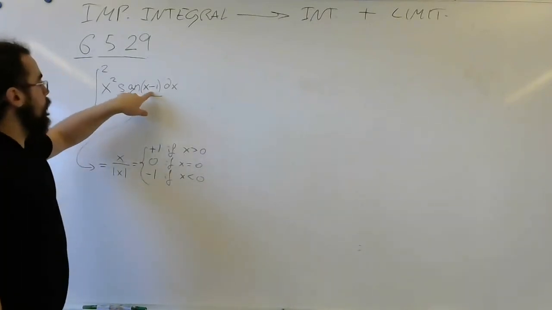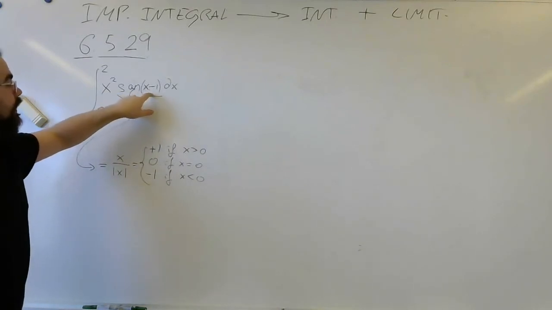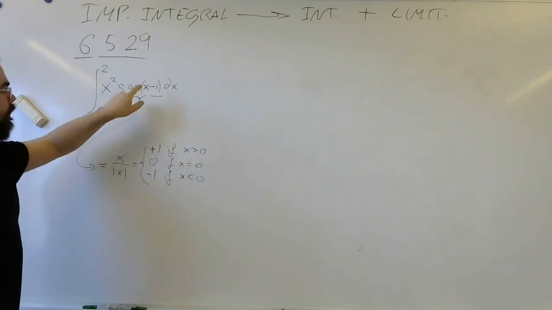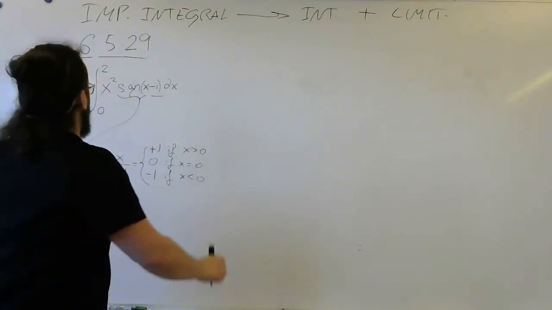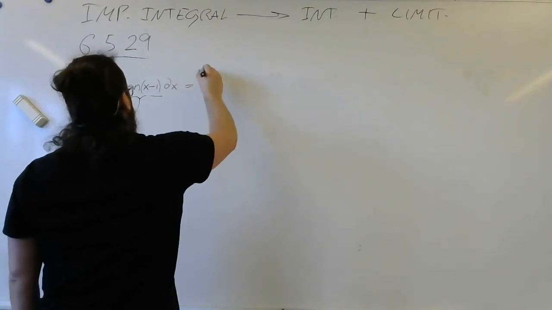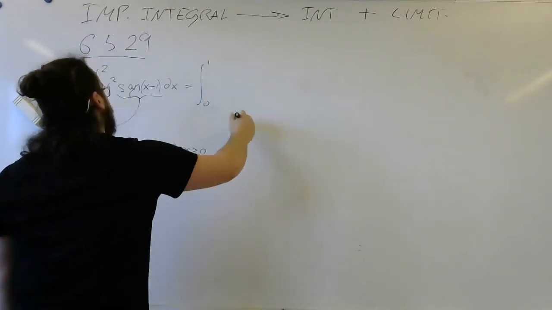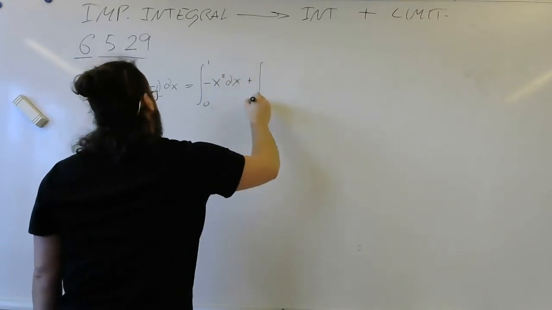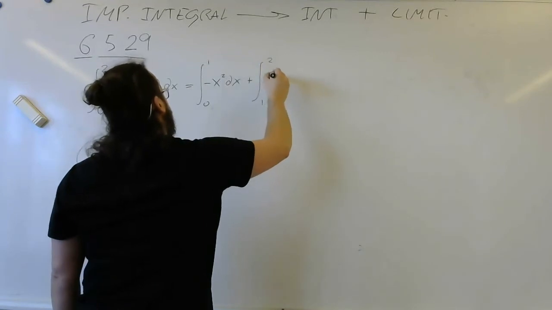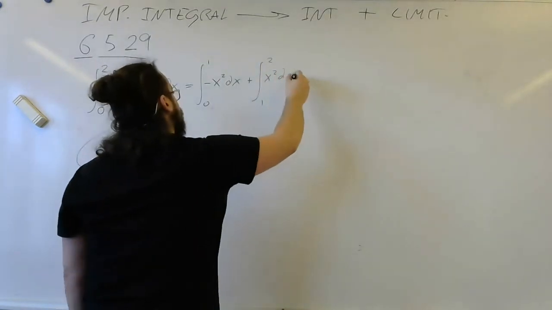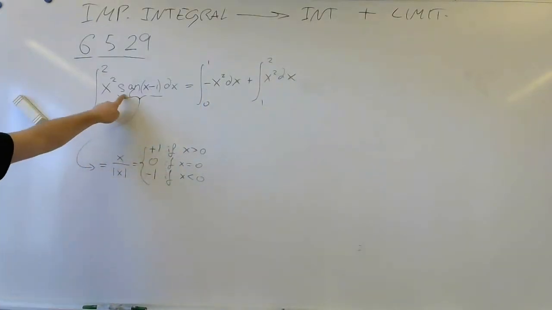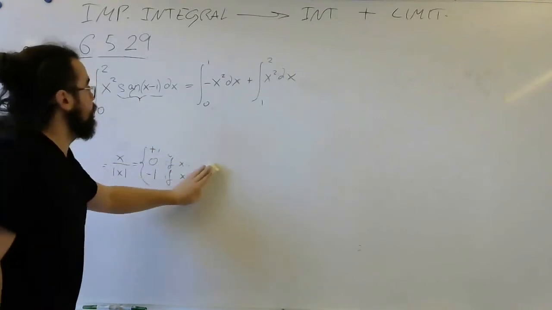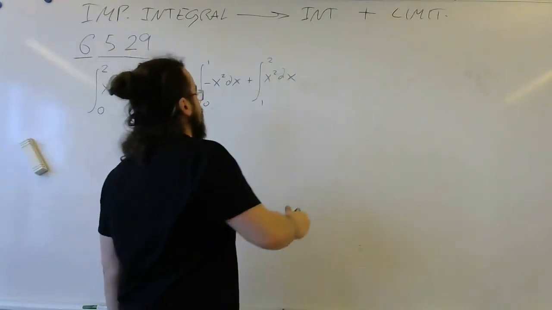So we notice that if x is greater than 1, this thing is greater than 0, so the sign is positive. And if x is between 1 and 0, the sign is negative. So we actually have to split this integral into two. Here the minus comes from the sign, because it's negative between 0 and 1. Now, what happens here?